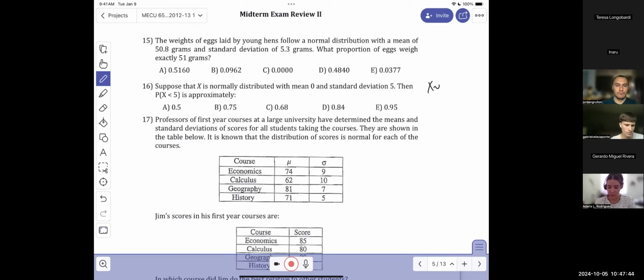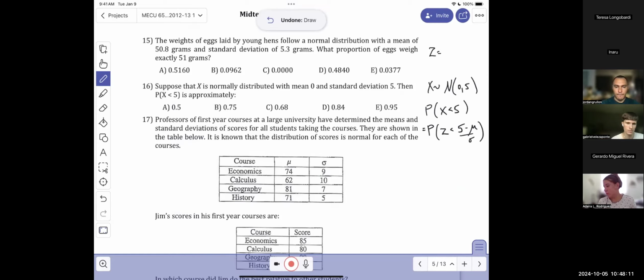So what was I saying? X is distributed normal with a mean of 0 and a standard deviation of 5. What is the probability that X is less than 5? In this problem, you're going to standardize and convert X to Z, taking 5 minus the mean divided by the standard deviation, which is the relationship between Z and X. Z is the number of standard deviations from the mean, and you can create it by doing this calculation.